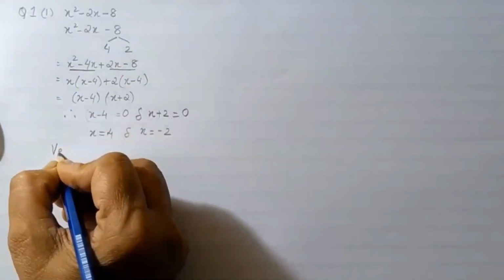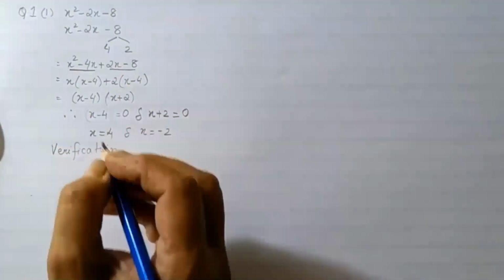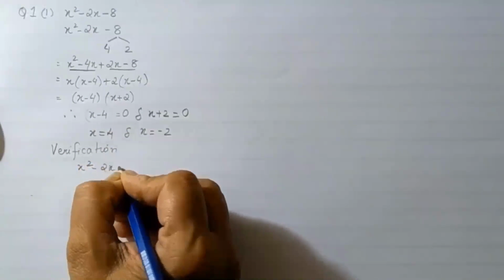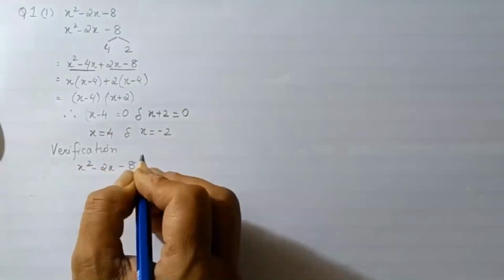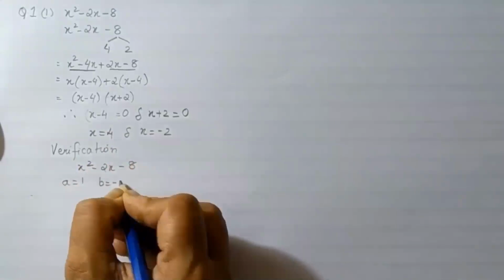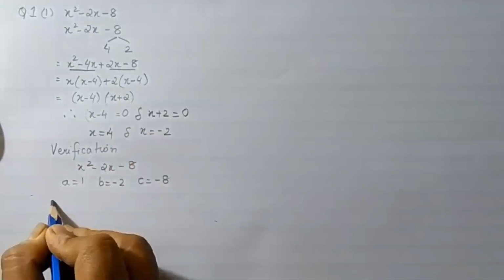So these are the zeros of the equation. Now we are verifying this. x squared minus 2x minus 8. Let's take the first one. A is equal to 1, B is equal to minus 2, and C is equal to minus 8.